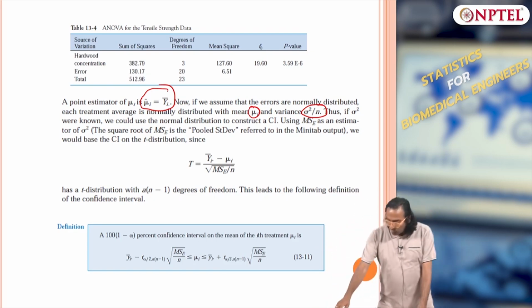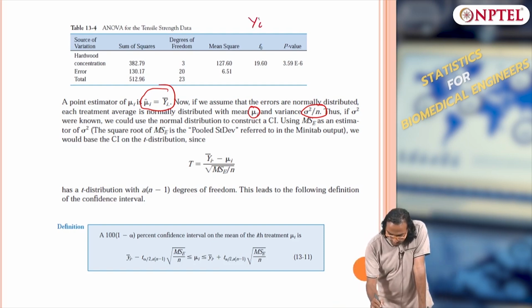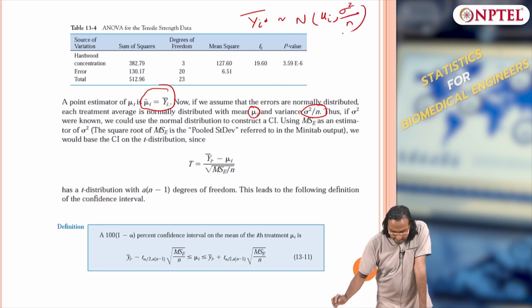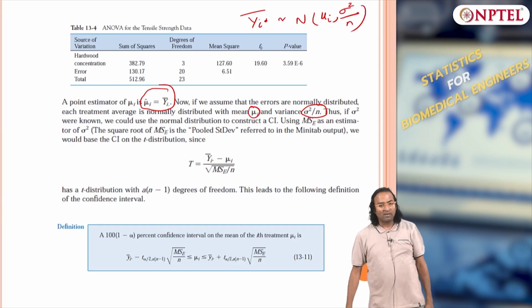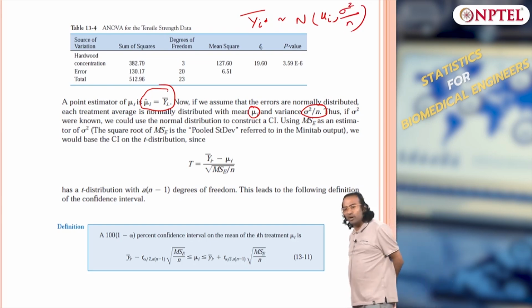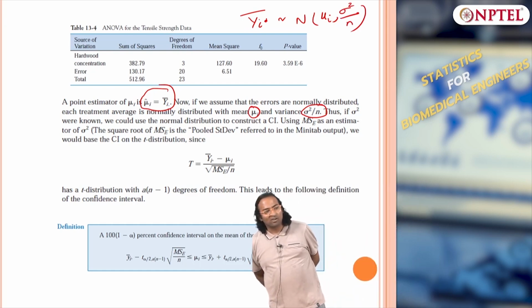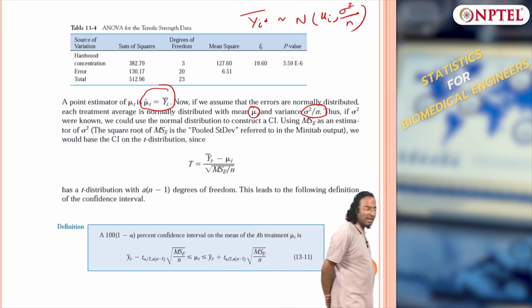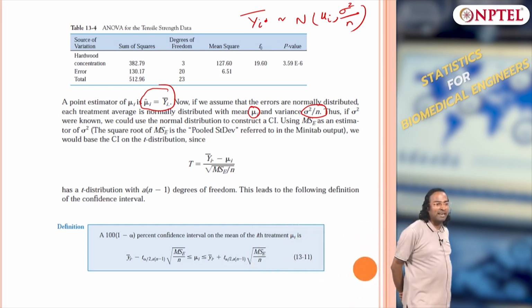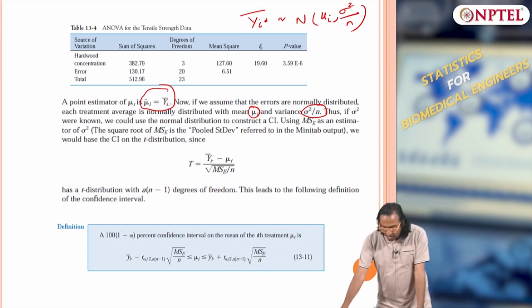So, your yi dot bar, you are assuming it to be normally distributed with mean mu i and variance sigma squared over n. If I know sigma squared, then I can construct confidence intervals. What will be the confidence interval?